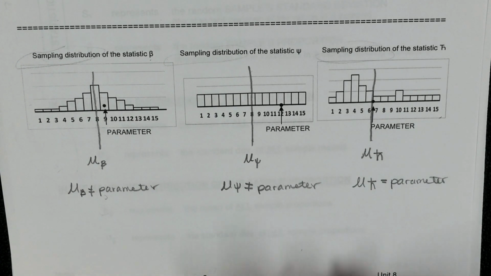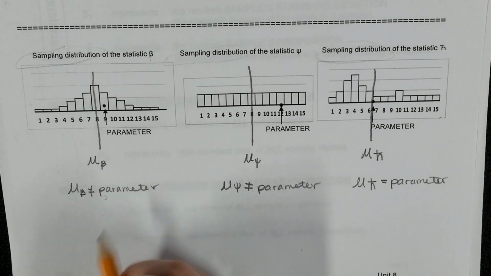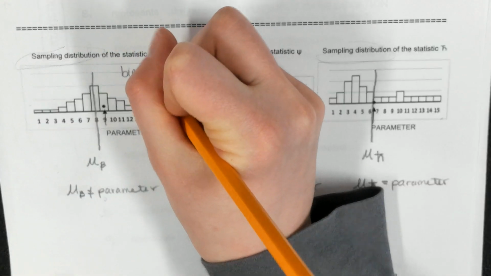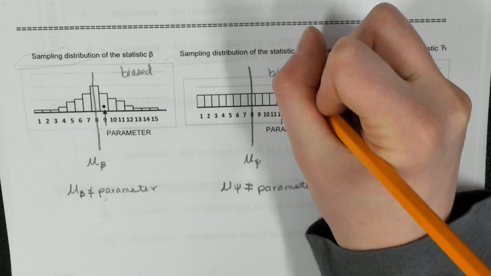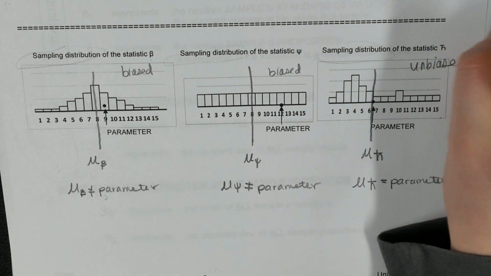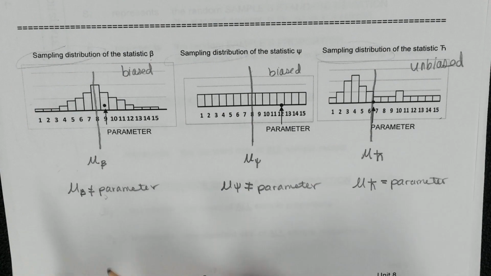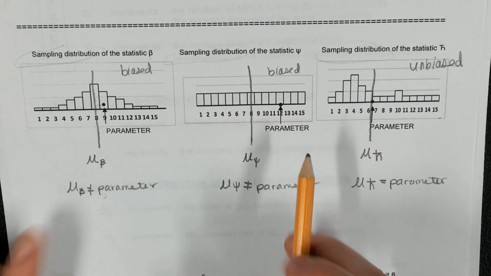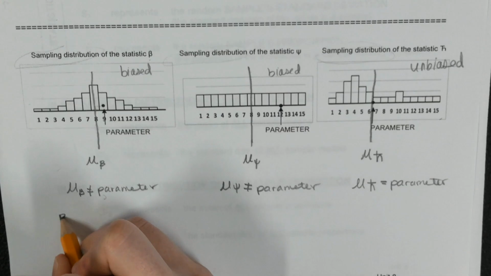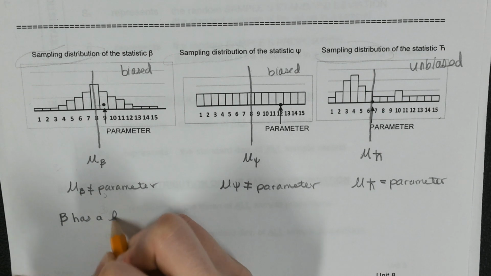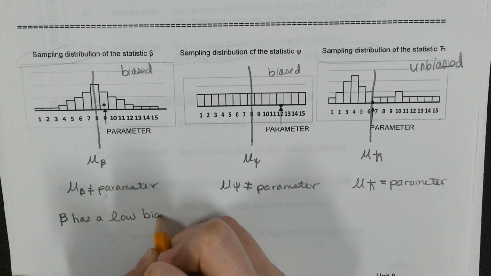So when I look at this, this one is definitely biased because they're not equal. This one is biased because they're not equal. But this one is unbiased. If you look, this one is pretty close and this one is much farther away. So I would say our statistic here has a low bias, because it's pretty close.